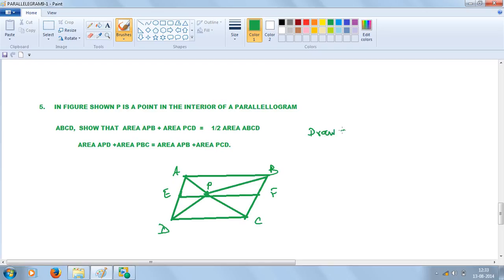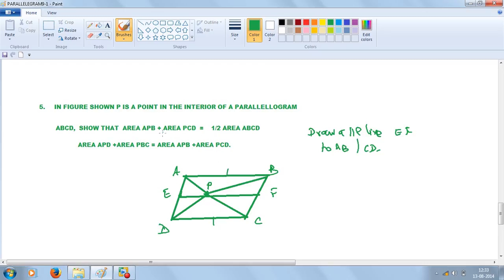Draw a parallel line EF to AB or CD. AB and CD are parallel, and if you draw a parallel line EF, it is parallel to both these lines.